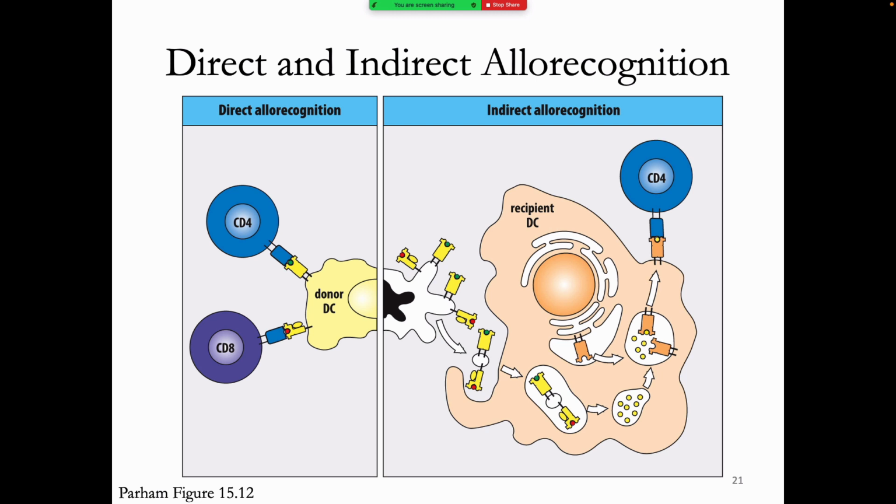Those yellow peptides can now be presented on this cell, orange MHC, and presented to the T cell. And so this is the indirect recognition of that foreign MHC. And so both of these can be an issue in turning on T cells to potentially attack that graft.